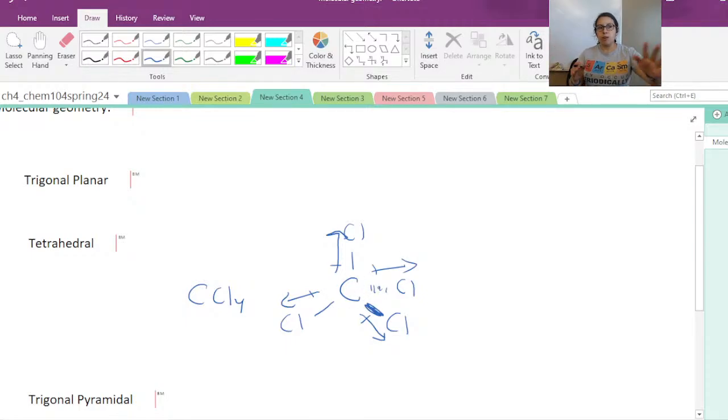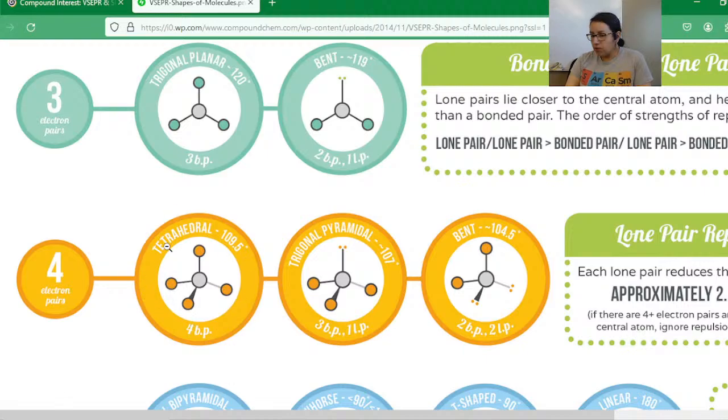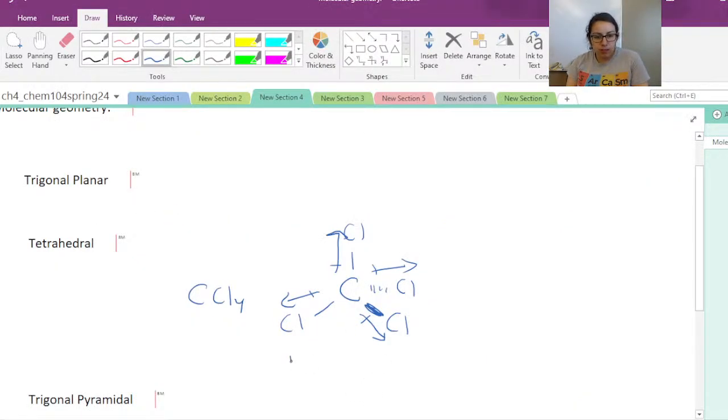If you've talked about vector addition, this might help. Otherwise, you might be more confused. But the key point is you have four of the same atom, and so fully symmetric, so we know it's nonpolar. So this is nonpolar.